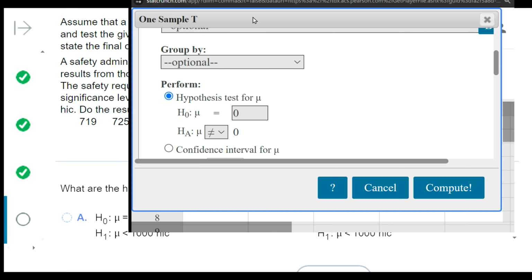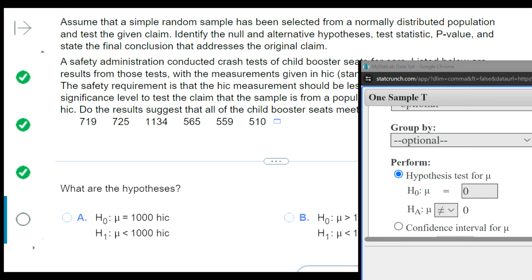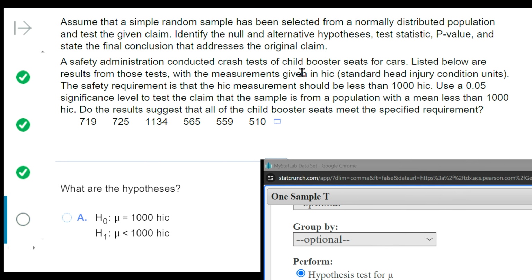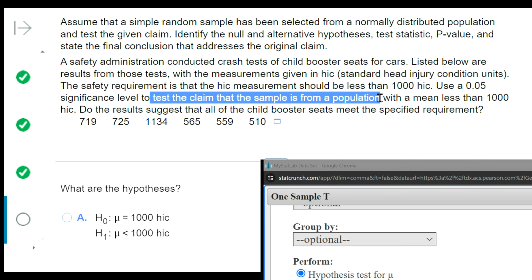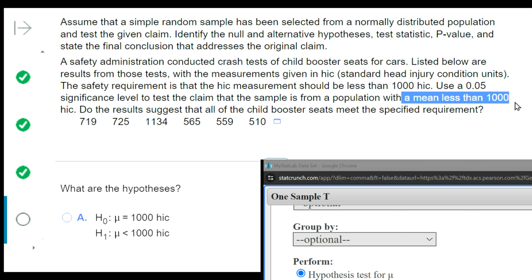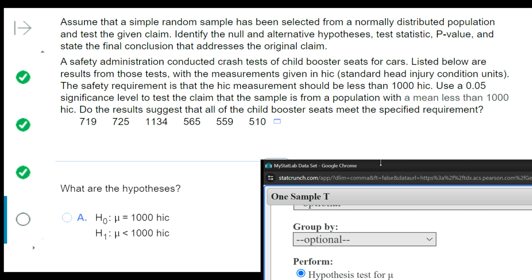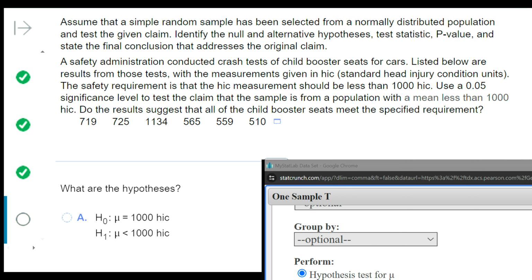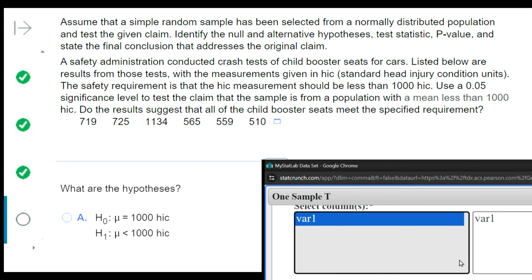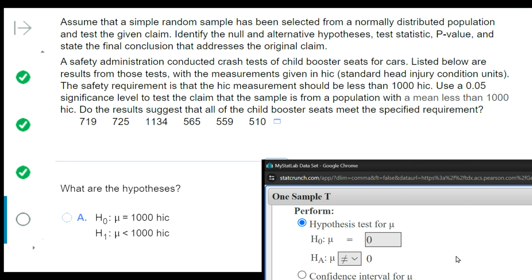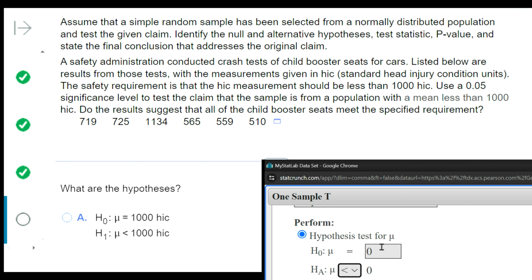And they want me to do the hypothesis test on, let's see, test the claim that this sample of booster seats is from a population with a mean less than 1,000 head injury condition units, HIC. So less than 1,000. Come back over to here and configure this to say less than 1,000.